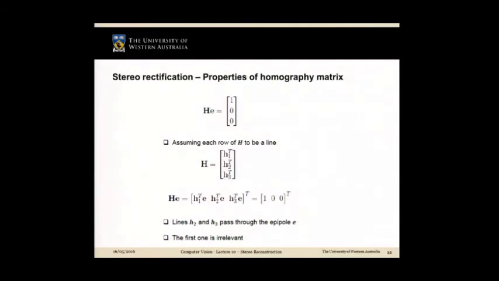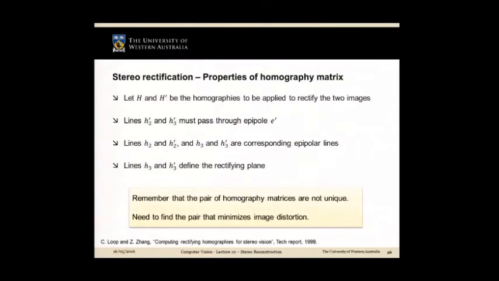Now looking into more properties of the homography matrix. H is the homography matrix for one image plane. H dash is the homography matrix for the other image plane. So we have two cameras, a left camera and right camera, left image plane, right image plane. So let H and H dash be the homographies to be applied to rectify the two images.